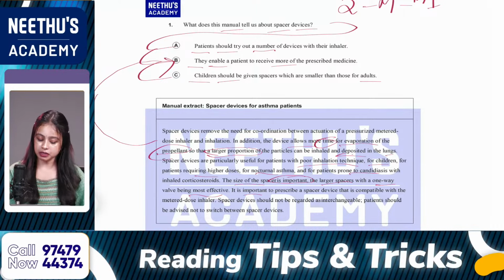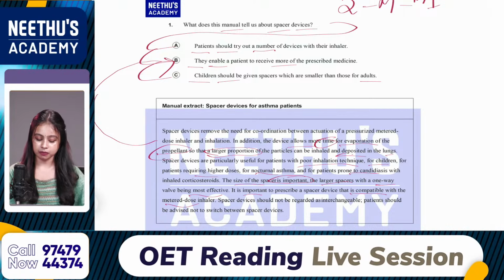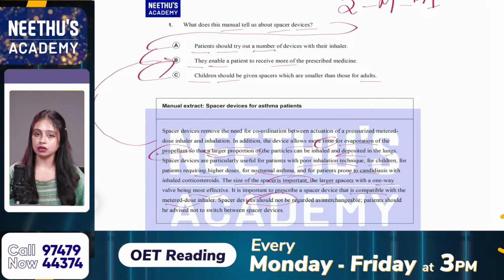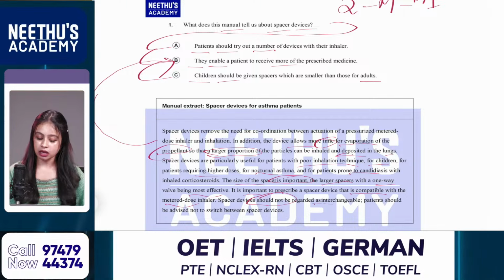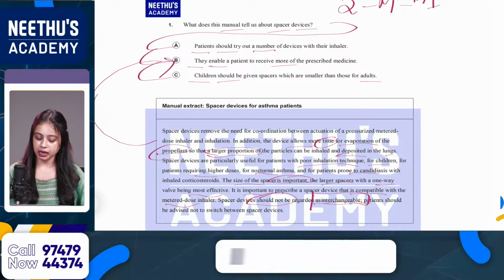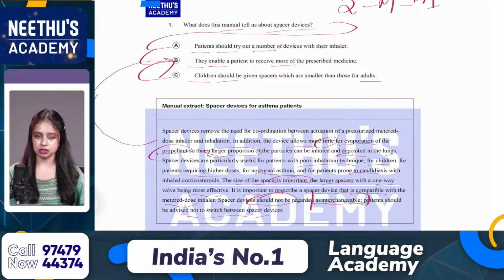It is important to prescribe a spacer device that is compatible with the metered dose inhaler. Spacer devices should not be regarded as interchangeable, so you can't change the device with one another. Then patients should be advised not to switch between spacer devices.